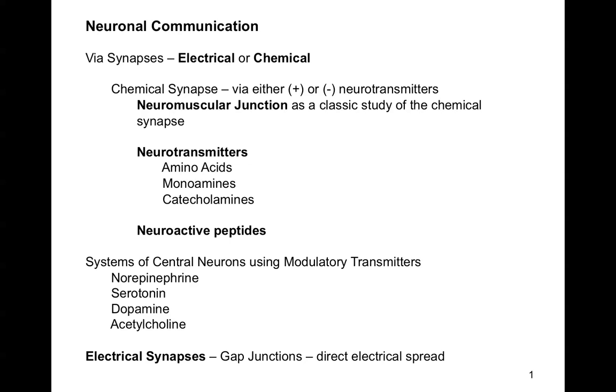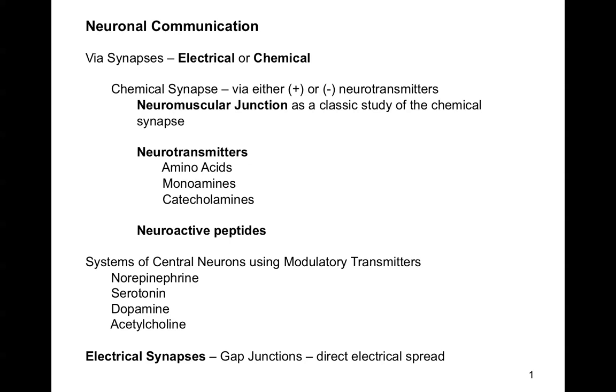Neurotransmitters, these chemical messengers, can either cause stimulation or inhibition of the postsynaptic cell. And the release of neurotransmitter is triggered by the action potential that penetrates the axon terminal. Okay, so we'll look at that in just a moment.